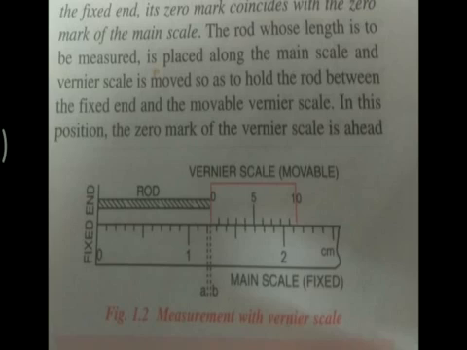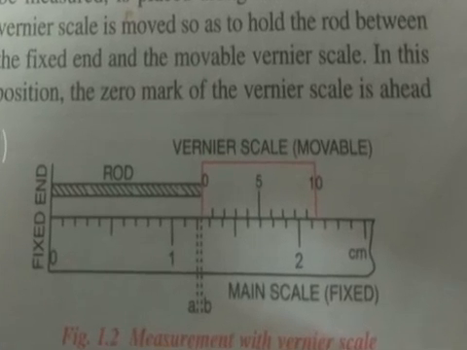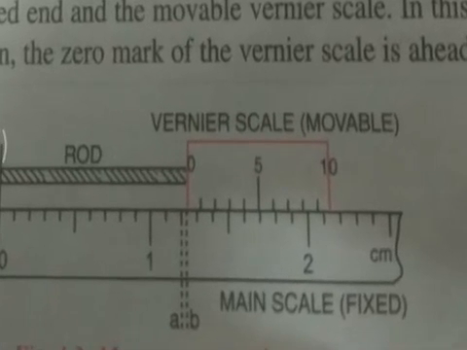Now, for the calculation with the help of the vernier, we need two scales. One is the main scale and one is the vernier scale. Main scale reading we get, it is 1.2. Now, for the vernier scale, what you need to see is which division is coinciding. The vernier scale and the main scale must make a parallel line. See over here, if you see clearly, it is from 0 to 5, each division is 0, 1, 2, 3, 4.